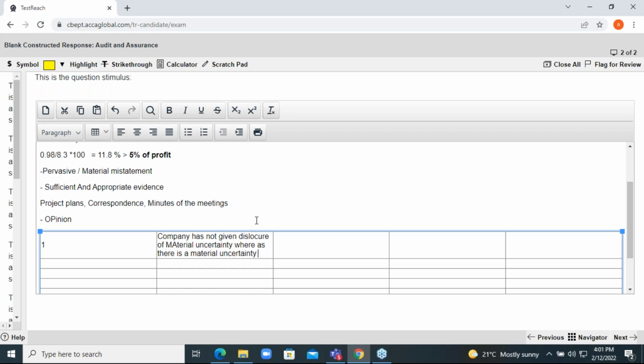You are going to tell what is the effect of this information on the audit opinion. Can you guys give the answer for that question?